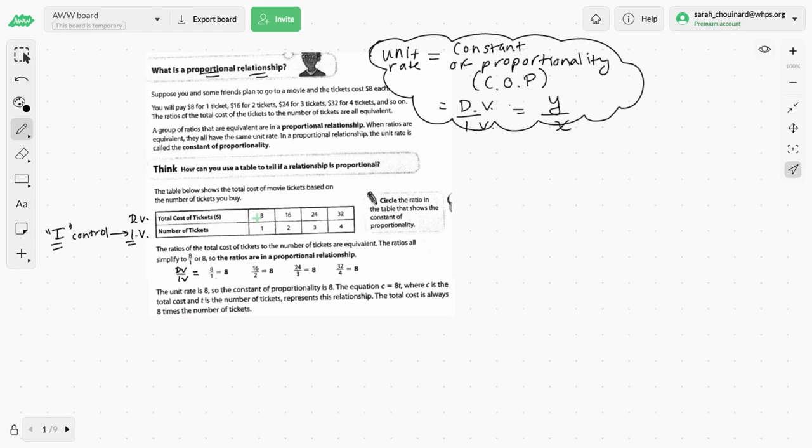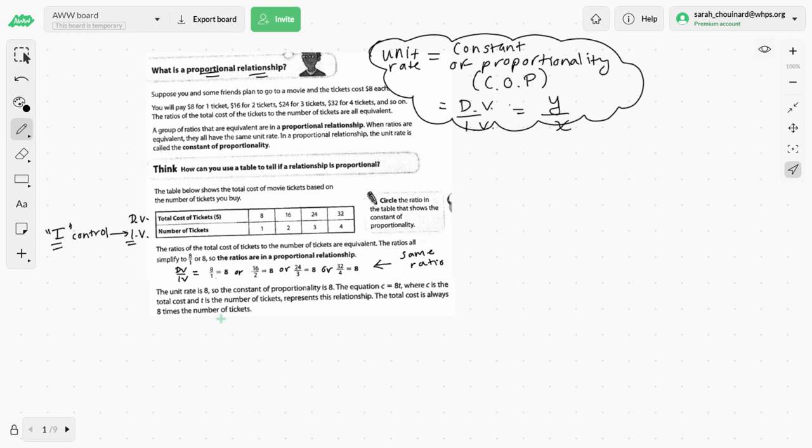And in this case, that would be 8 divided by 1, or 16 divided by 2, or 24 divided by 3, or 32 divided by 4. If the relationship is proportional, we should get the same ratio each time.